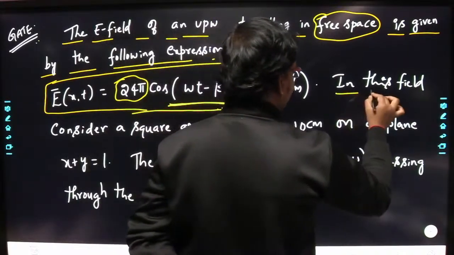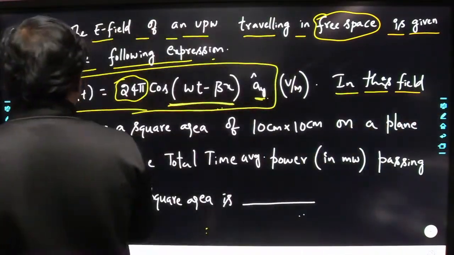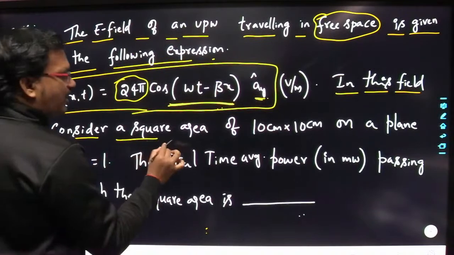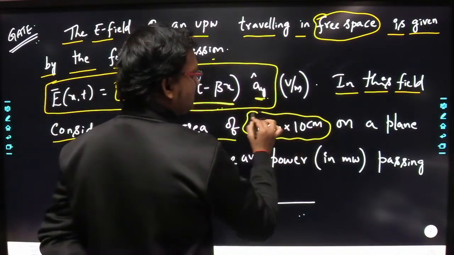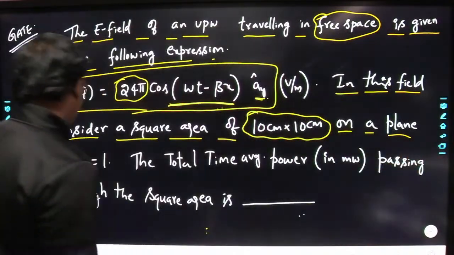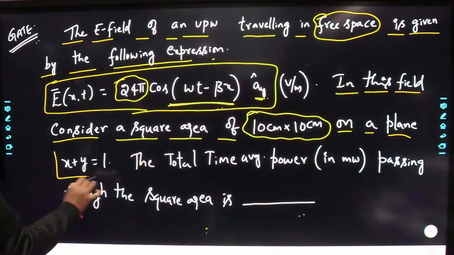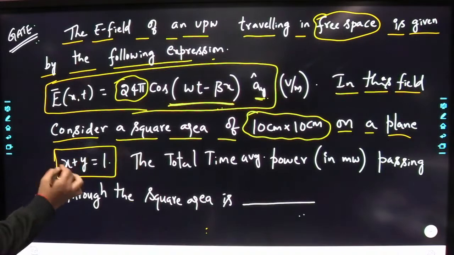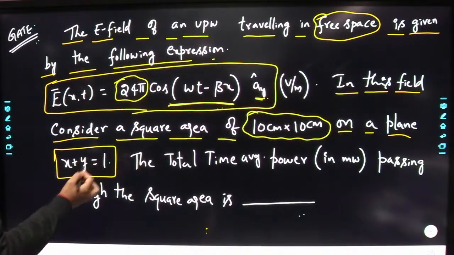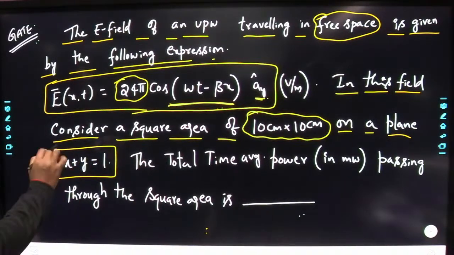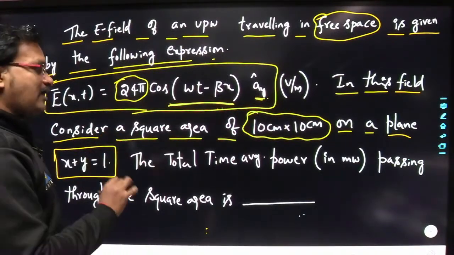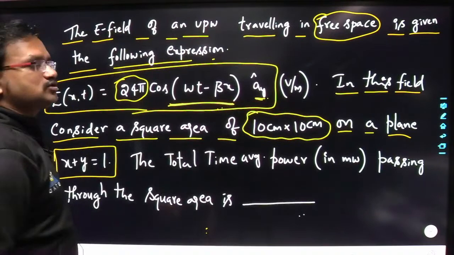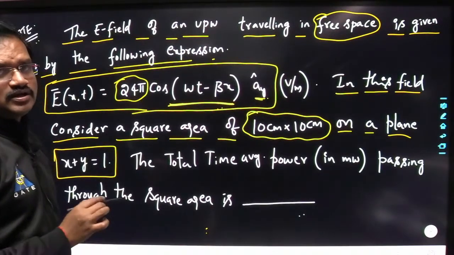Next, what they are saying here is, in this field, consider a square area of 10 centimeters into 10 centimeters on a plane x plus y is equal to 1. So they have given the equation of a plane here, that is x plus y is equal to 1. On this plane consider a square area of 10 centimeters into 10 centimeters, that is 100 centimeter square.